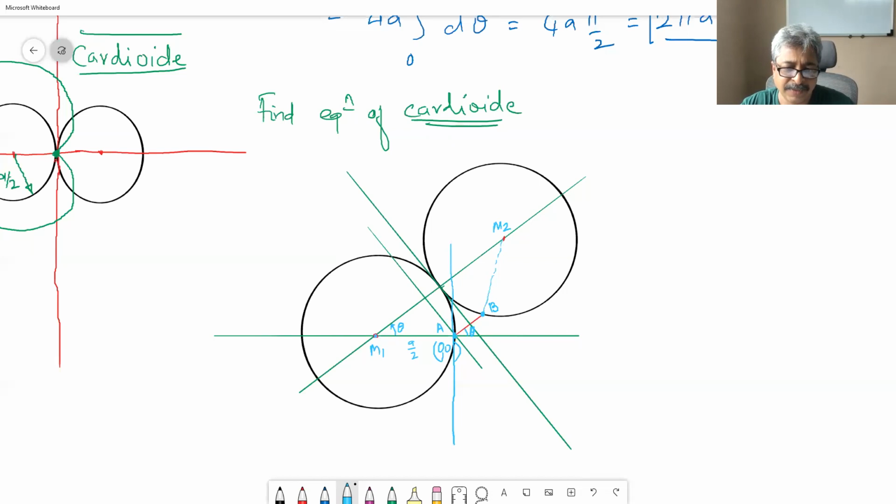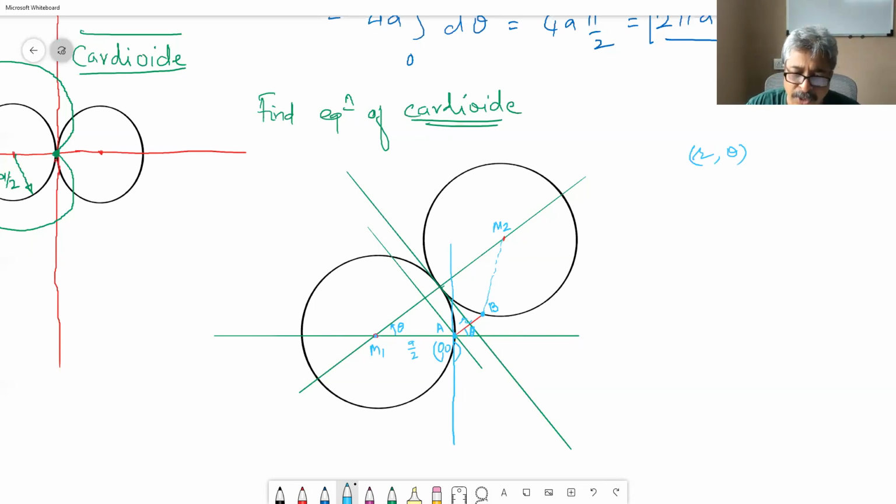That is what R is: how far this point B is from the origin, and by how much angle it has rotated. So we will be finding the equation of the curve in R theta form.